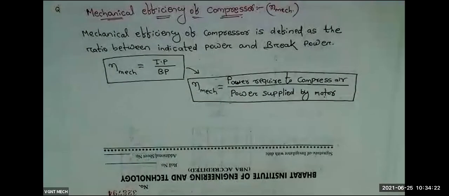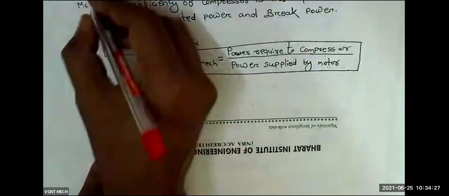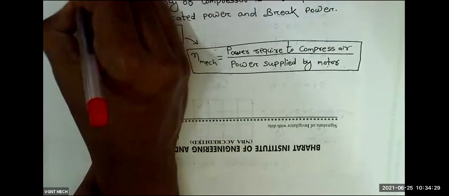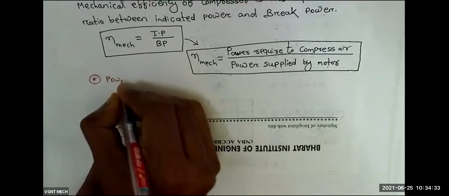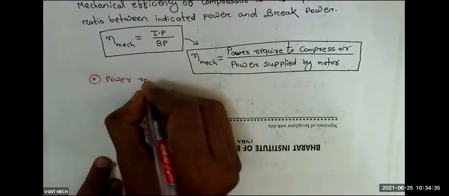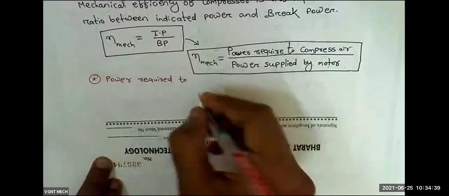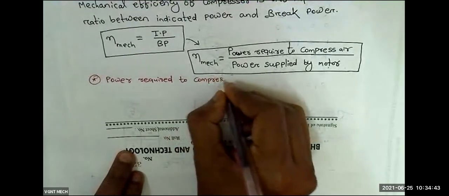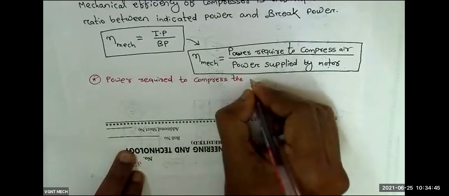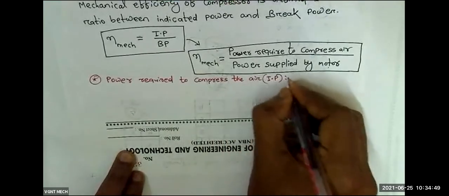So this formula I will also write. Power required to compress the air, or indicated power.